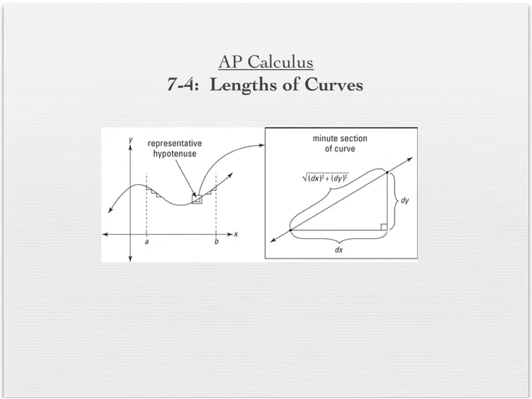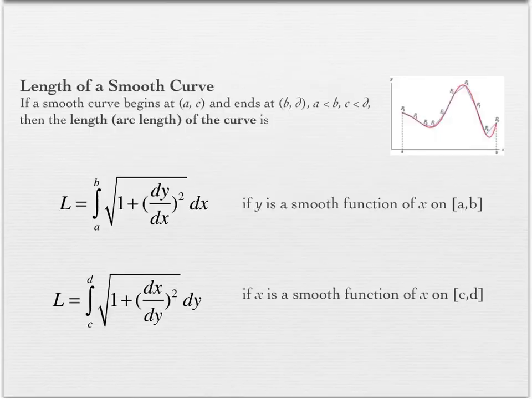In calculus, of course, we call that dx and dy. So the length of this hypotenuse could be represented like that, the square root of dx squared plus dy squared. Now we're going to use some calculus to help us figure out what the total length of this curve is.